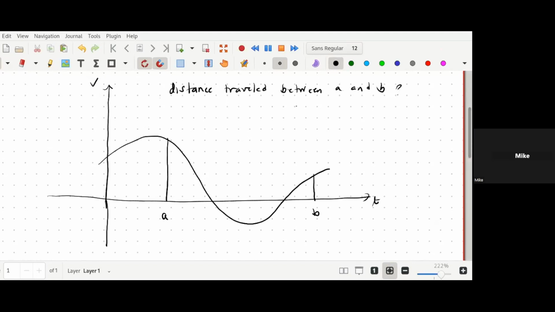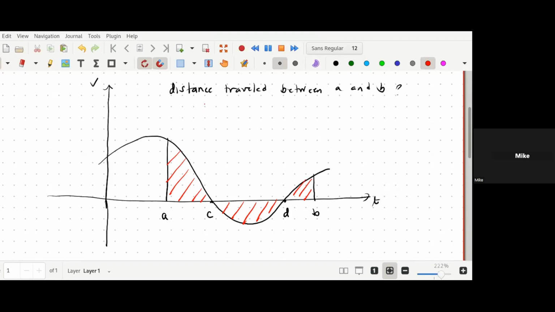Dito, bigyan natin ng pangalan yung intersections sa origin. So, you can interpret the distance traveled as yung area.